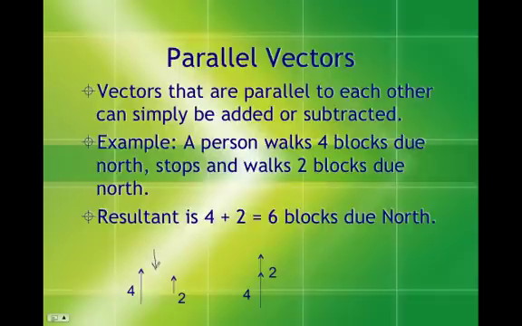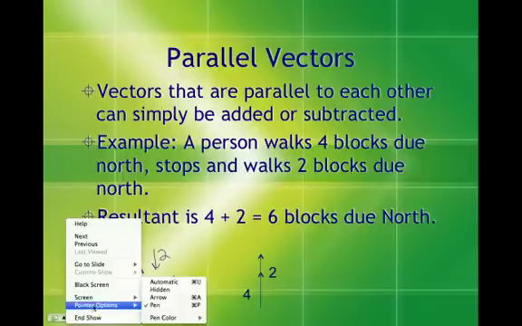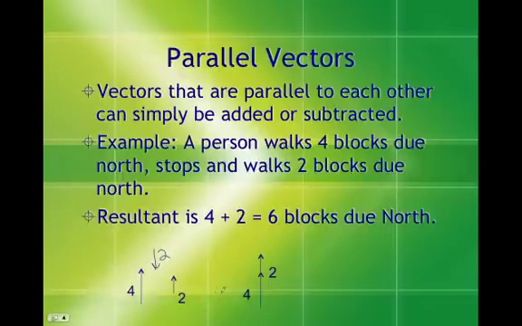Now, what happens if we were going 4 blocks north, but then we stopped and paused, and we went 2 blocks south? Okay. Well, how would we do that? We would take our 2, we'd tie tip to tail. Okay. That would be 2.